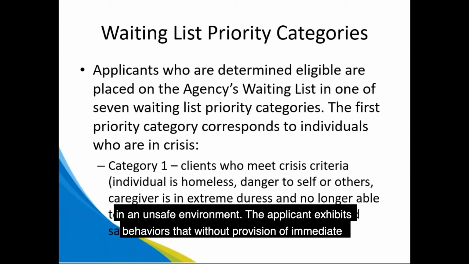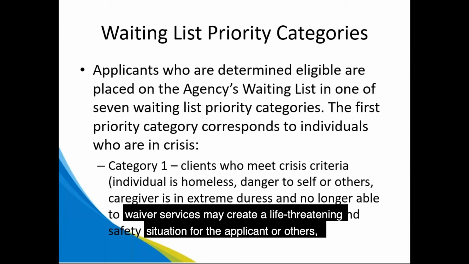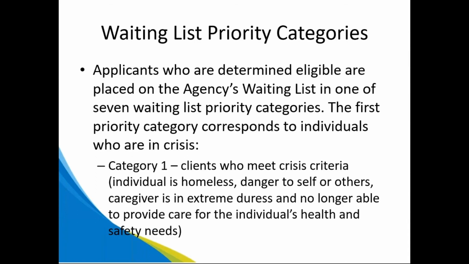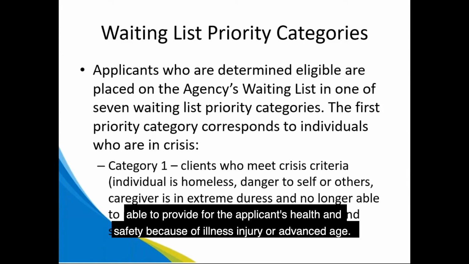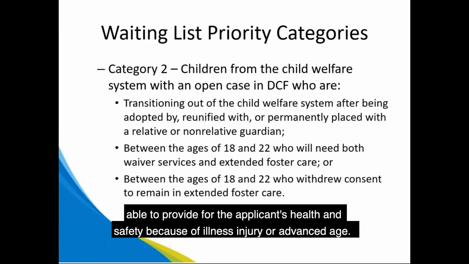The applicant exhibits behaviors that, without provision of immediate waiver services, may create a life-threatening situation for the applicant or others, or the applicant's current caregiver is in extreme duress and is no longer able to provide for the applicant's health and safety because of illness, injury, or advanced age.